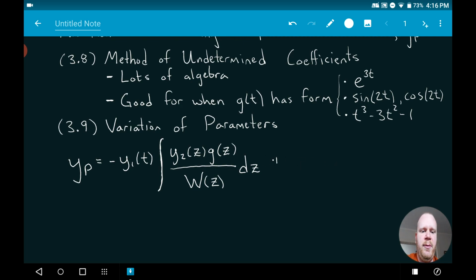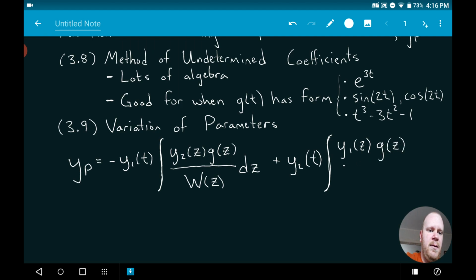So it's this integral plus a similar integral, which is going to be y2 of t times the integral of y1 this time, times our g divided by that same Wronskian.